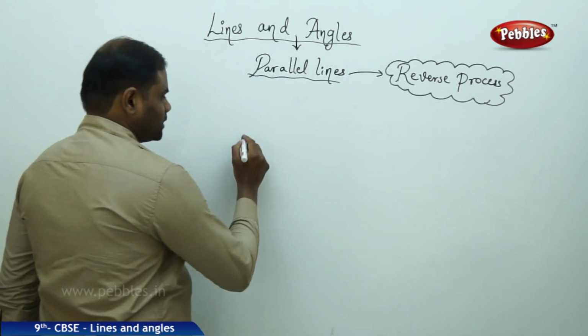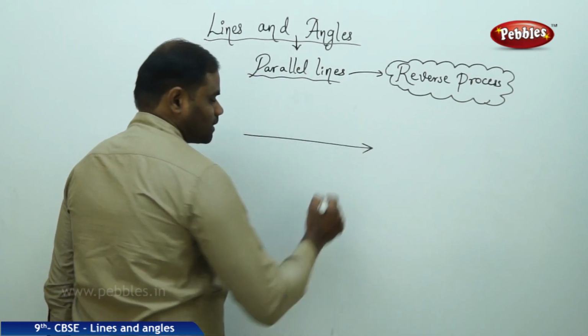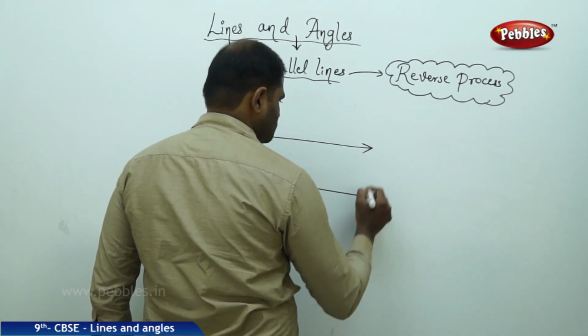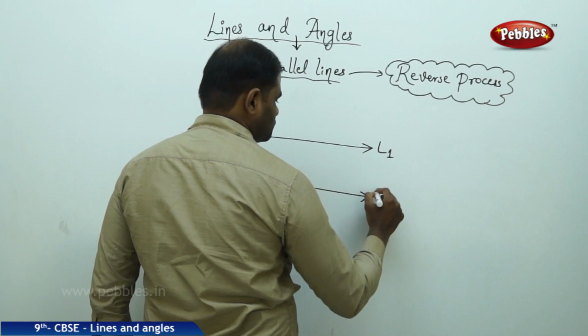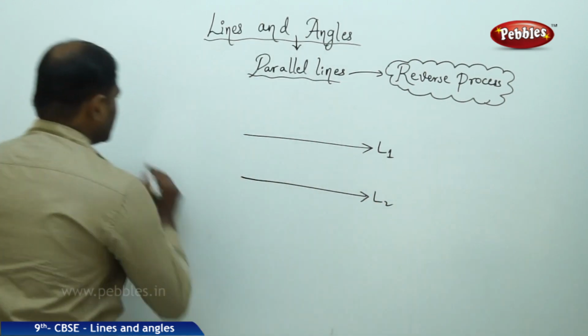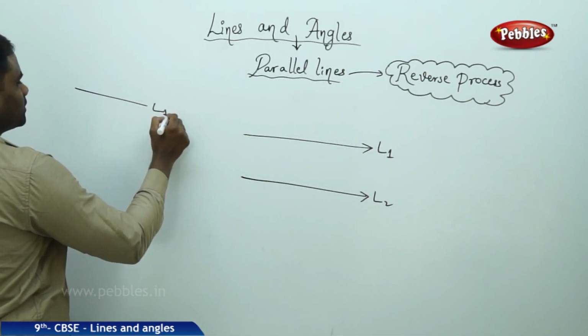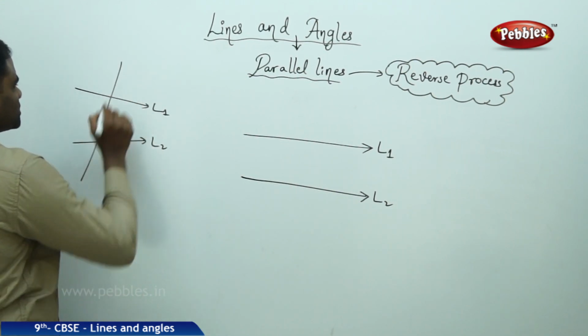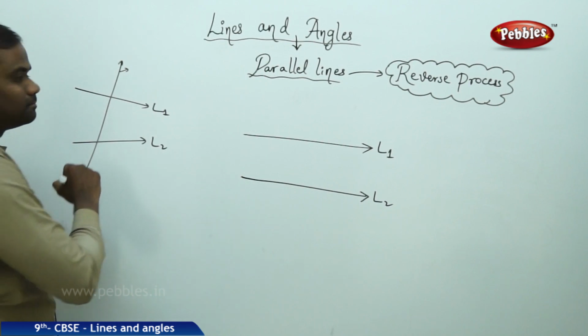Imagine I take two lines which are not parallel. Say I take two lines somewhere in this manner, and I just take a transversal here.